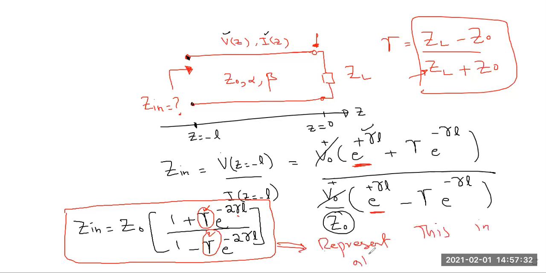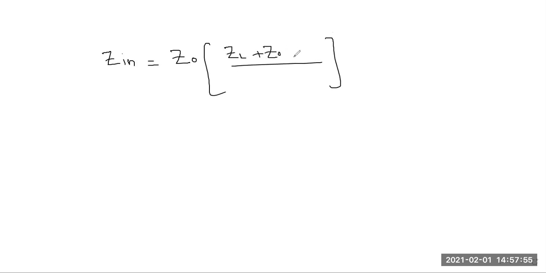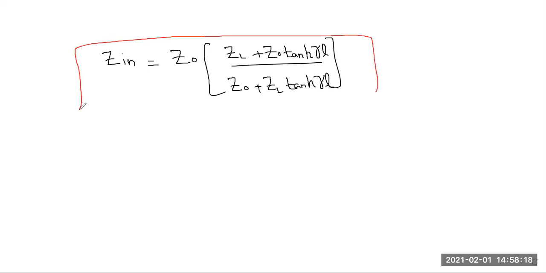So if you do the substitution that I mentioned, this input impedance expression can be converted into this form: Z naught times ZL plus Z naught tangent hyperbolic gamma L, and in the denominator you should get Z naught plus ZL tangent hyperbolic gamma L. This is an alternate form.